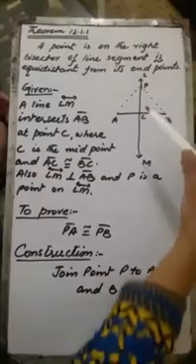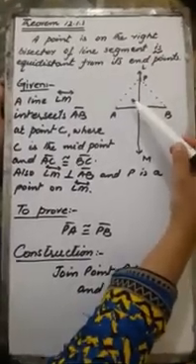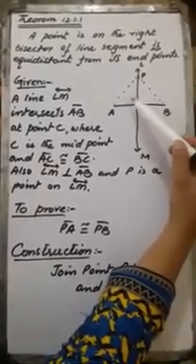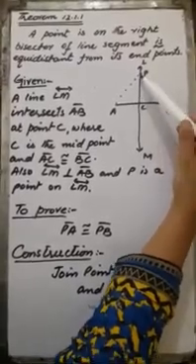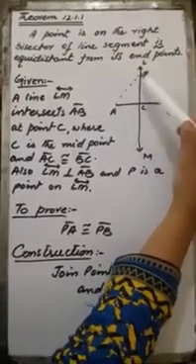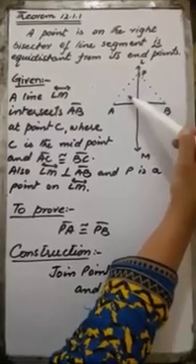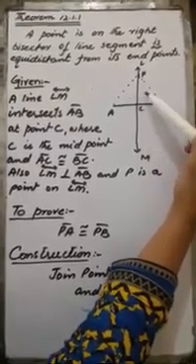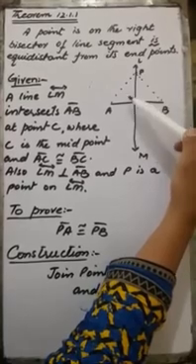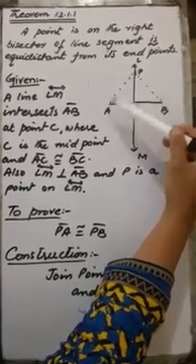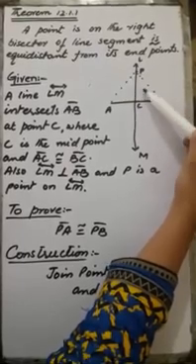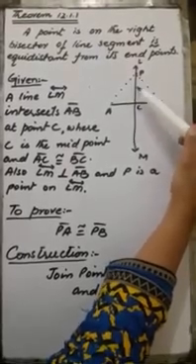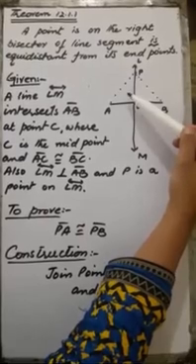Why have we done this construction? We have done this construction just to have a closed diagram, closed geometrical figures. We can see that from joining P to A and P to B, we have two triangles. Now if we prove the congruency of these two triangles, then we can say PA is congruent to PB automatically.